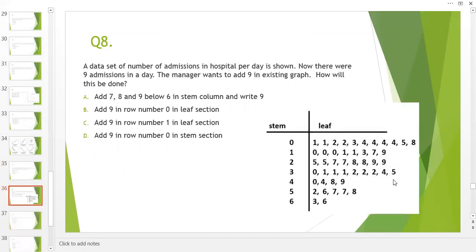A data set of number of admissions in hospital per day is shown. Now there were 9 admissions in a day. The manager wants to add 9 to the existing graph. How will this be done?